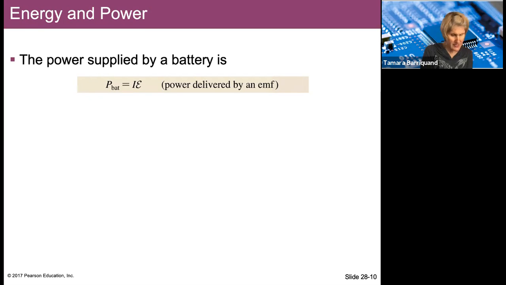Let's think about what this means in terms of dimensional analysis to figure out the units. We know that current is amps, and amps are also coulombs per second. So we have a coulomb per second in terms of units, times the EMF, which is a voltage. Volts are also joules per coulomb.